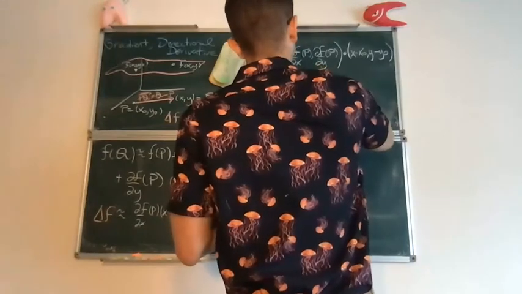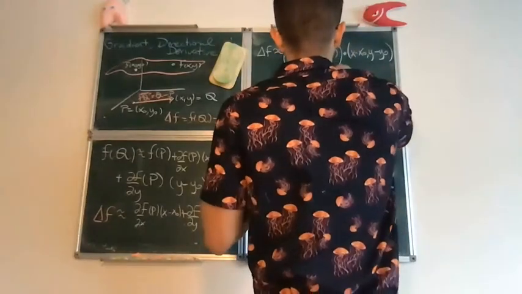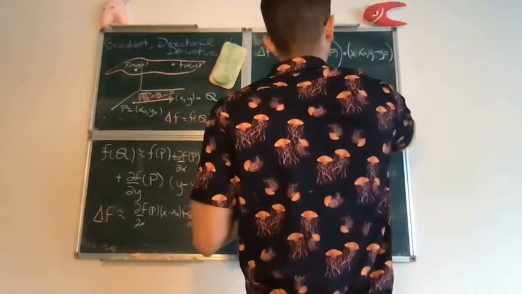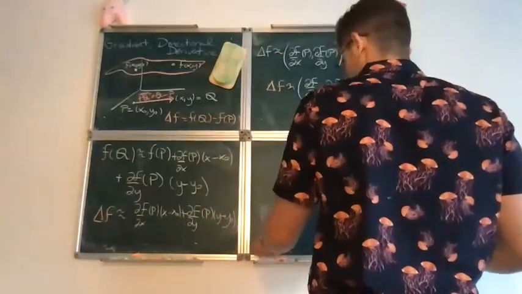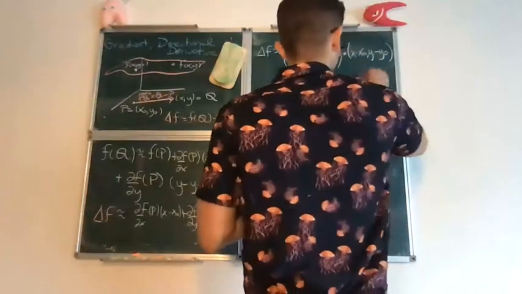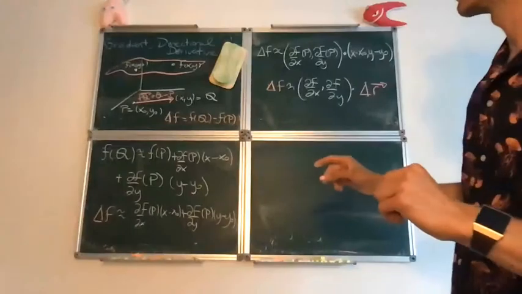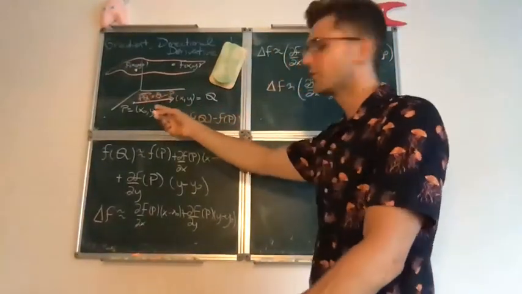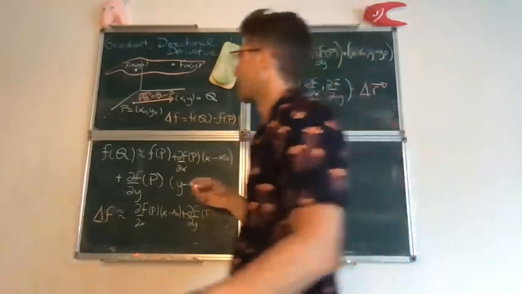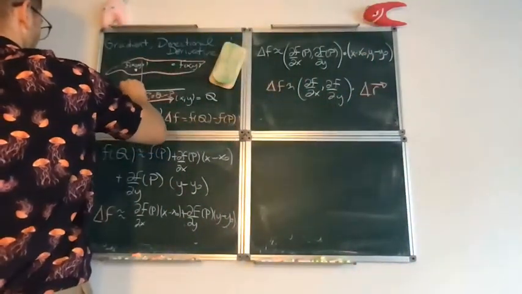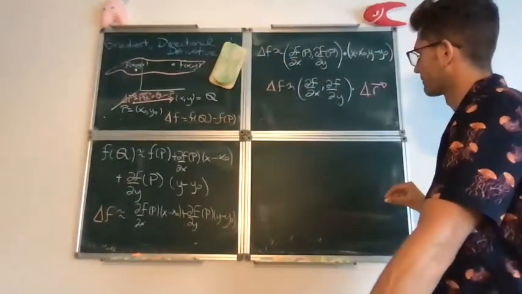Let me stop evaluating at P. This will be made implicit from now on, just so the notation looks nicer. And let's call this small change, if you think you just moved a little amount, this displacement vector, a delta r. Okay?